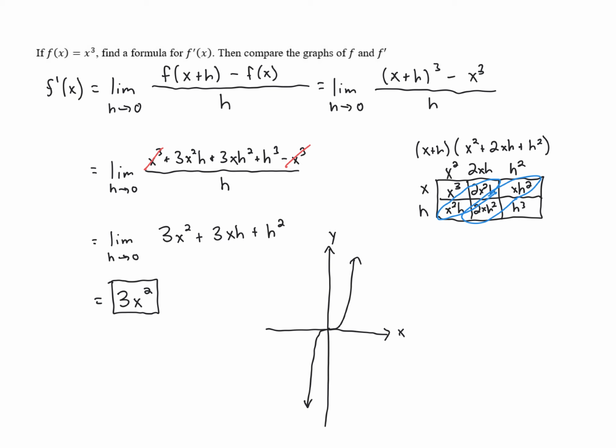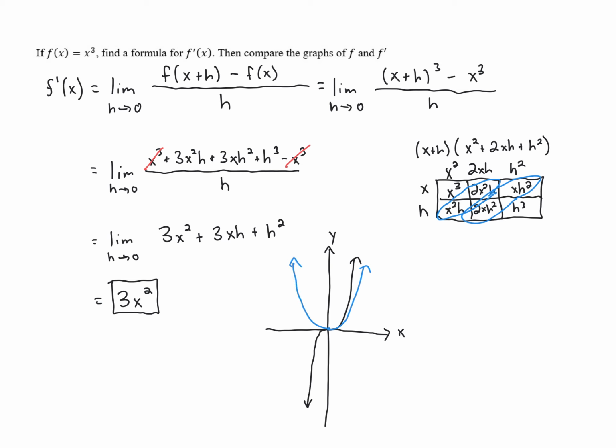That is our function, f of x equals x cubed. Now, our derivative is 3x squared. We know that this is a parabola. I don't know exactly how steep they are compared to each other, so I'm going to draw them like this. This is just a rough sketch.